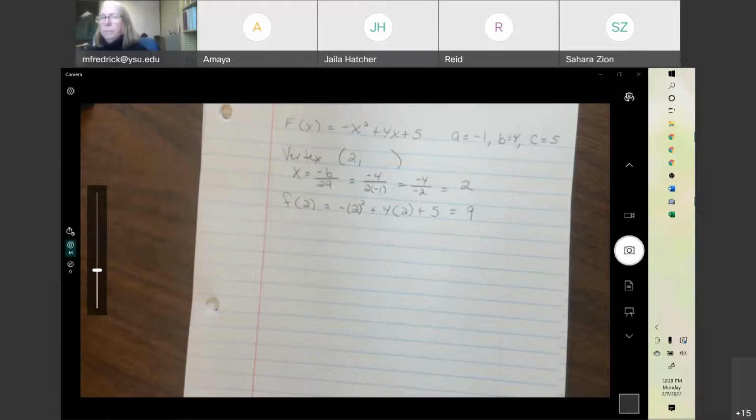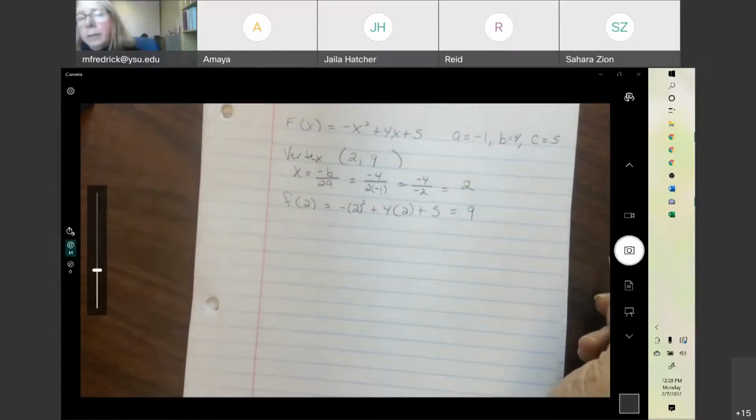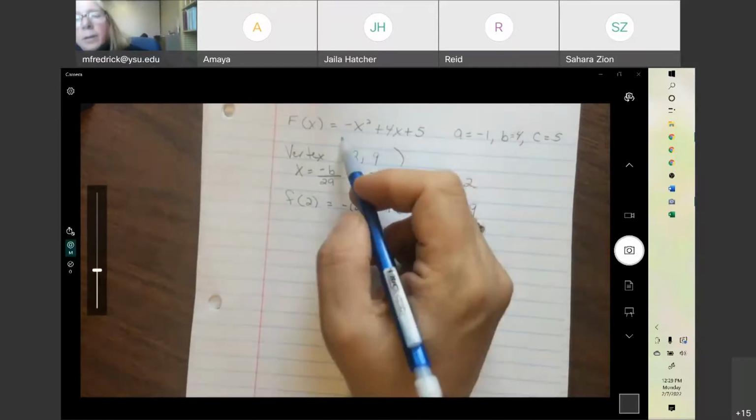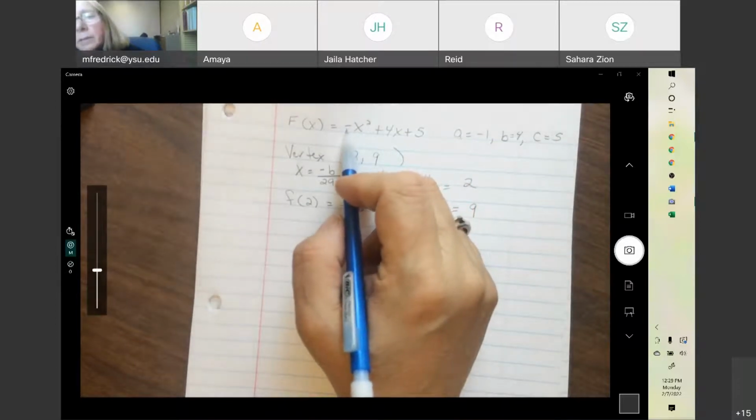So be careful. Any questions on that part? And this one, the parabola should be going down because the a is negative.